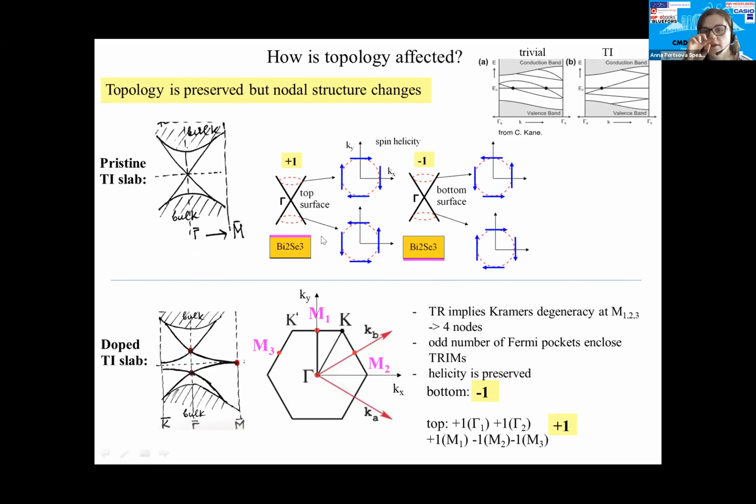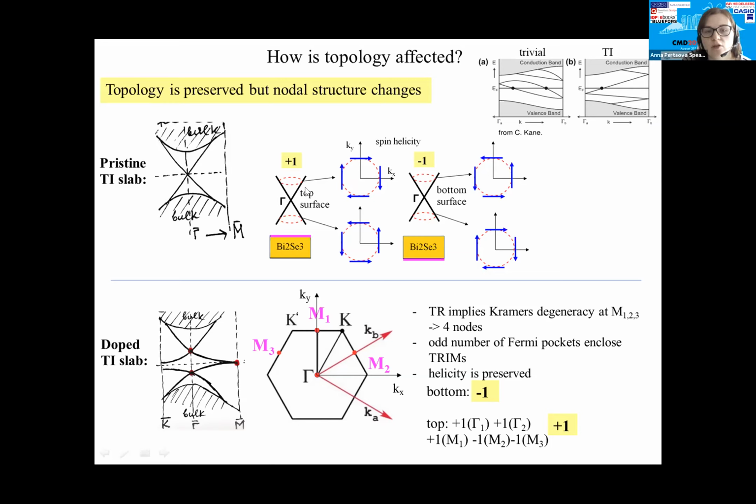Now another quantity that we can assign to these Dirac nodes is the helicity, the spin helicity. If we look at the winding of the spin in momentum space for each of the TI surfaces, we can assign a particular helicity to them.